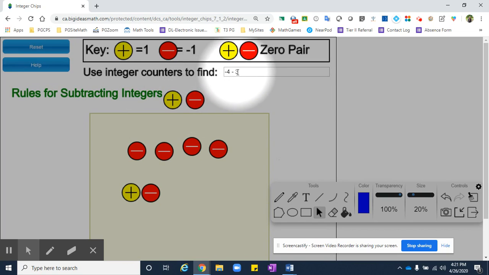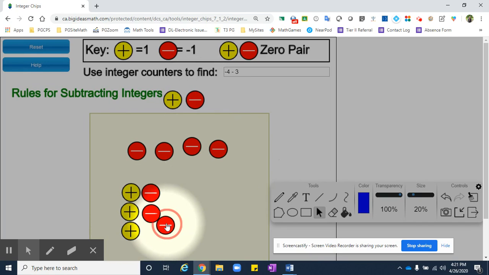Now I need 3 yellows, so I need to add another 0 pair. So it's possible for me to take out 3 yellows. I'm not changing the value because these are 0, 0, 0. So 0 plus a -4 is still -4. The value stays the same.